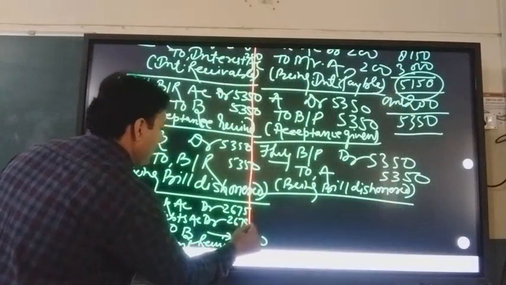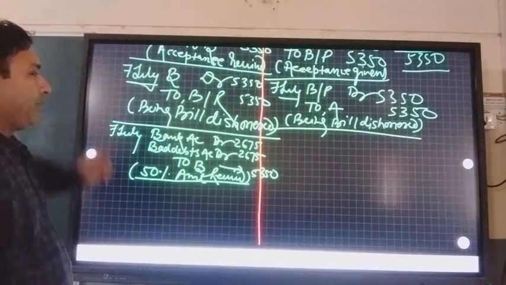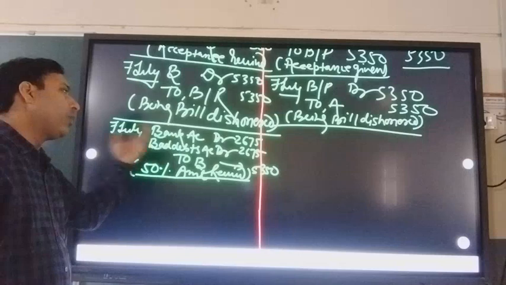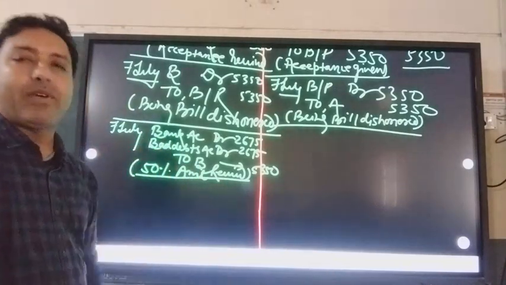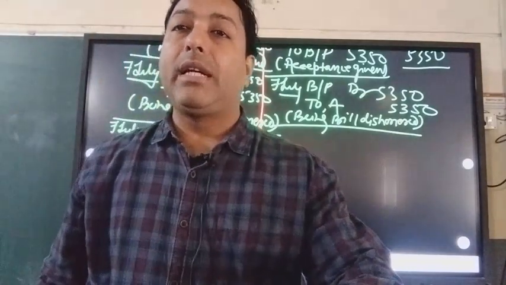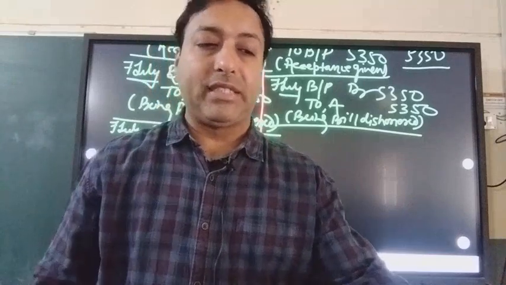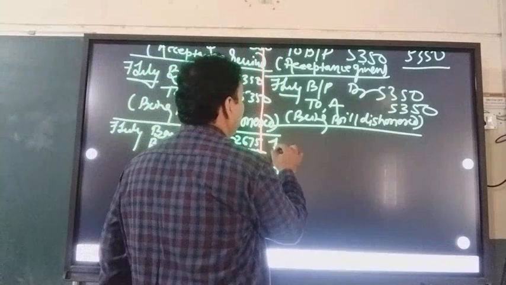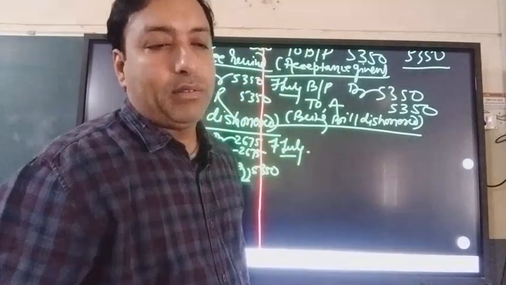Now see the next entry in the books of drawee. So first you write in the books of drawer, for the drawer that money has become bad debts. So bank account debit, bad debts debit to Mr. B 5350. In the books of drawee, what is the entry, because the amount is deficit. So on 7th July he writes the bill, sorry, which entry has he passed?